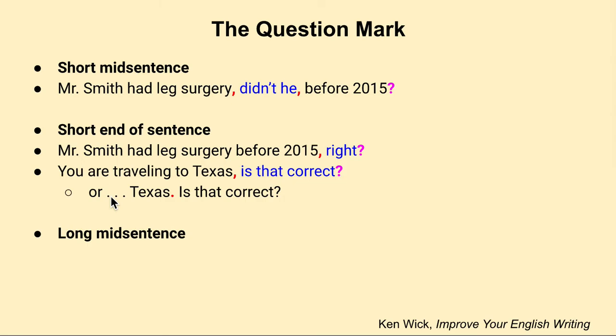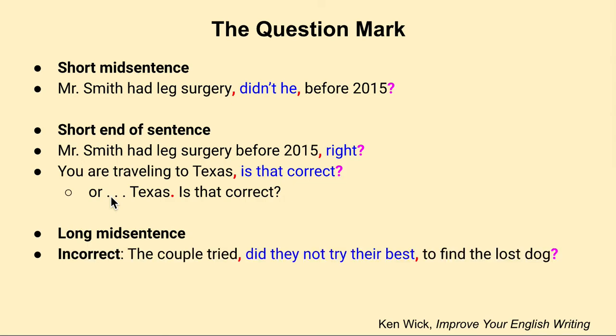So let's get to the long mid-sentence. Incorrect would be this because you're thinking, oh, it's a mid-sentence question, therefore it's just commas and a question mark at the end. The couple tried, did they not try their best to find the lost dog? This is incorrect because the mid-sentence question is 4 or more words.